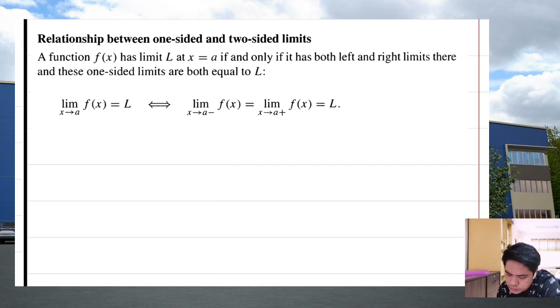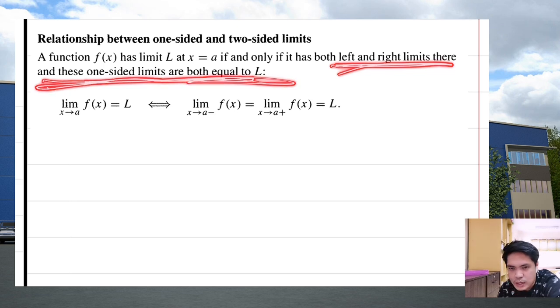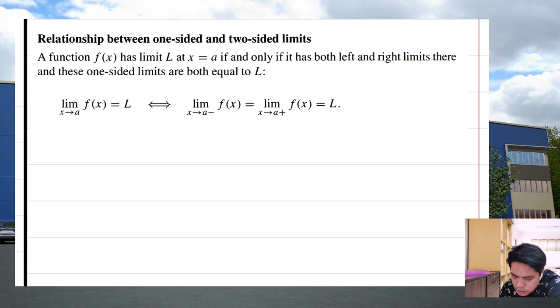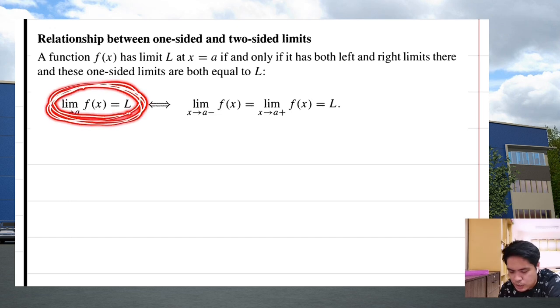So, dito muna tayo. A function f of x has limit L at x equals a if and only if it has both left and right limits there, and these one-sided limits are both equal to L. Okay, so in symbol, the limit of f of x as x approaches a is equal to L. So, ito yung kaninang description and definition of limit informally.